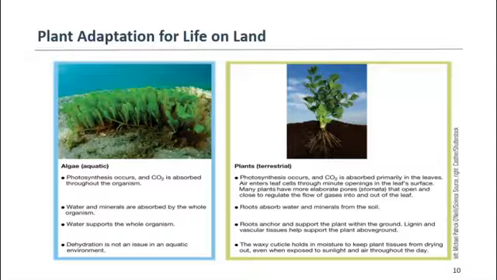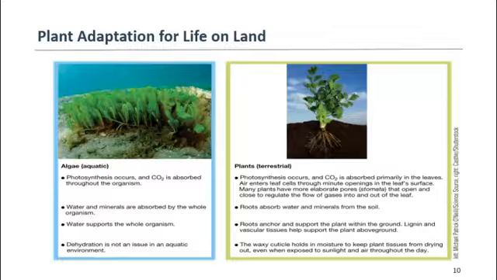And if algae is growing in the water, it doesn't have to worry about structural support for its tissues. The water keeps it upright, keeps it moving around. A lot of times they'll have little air bubbles, and the air bubbles will help to keep their tissues buoyant.